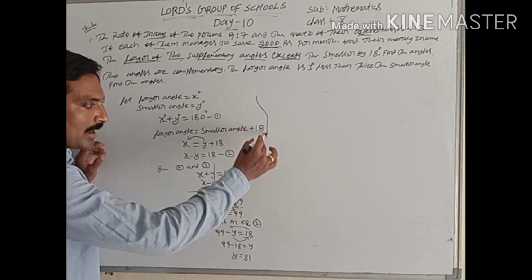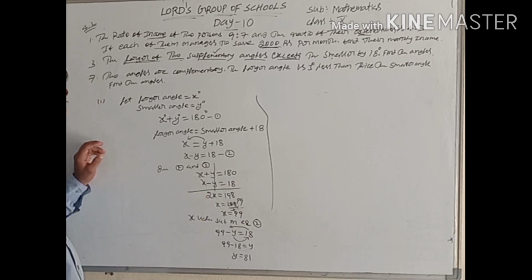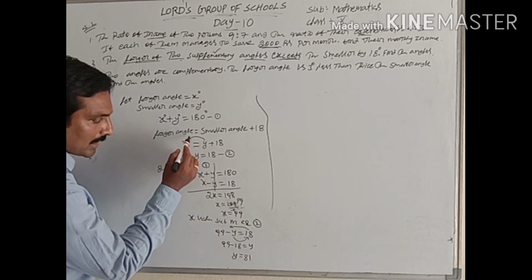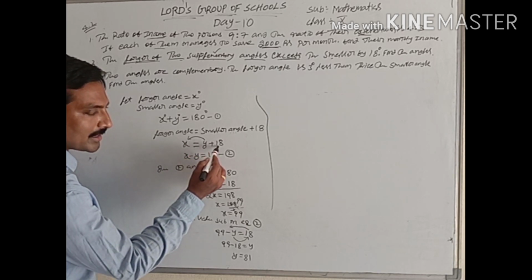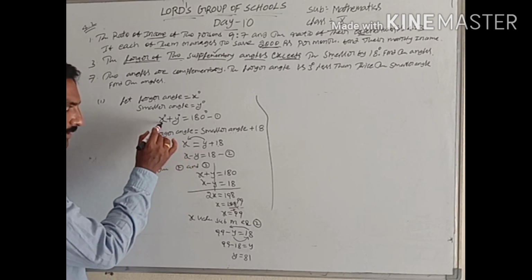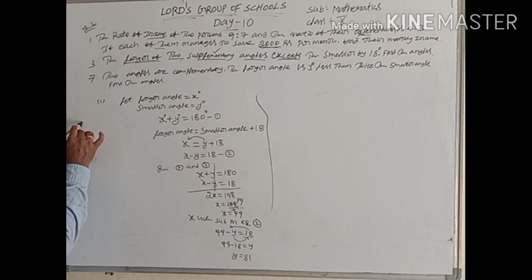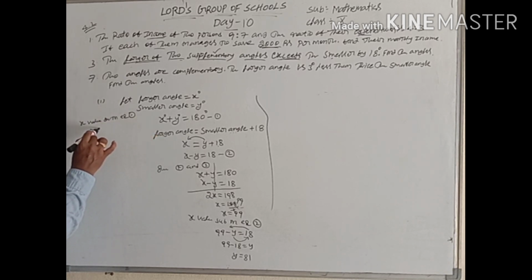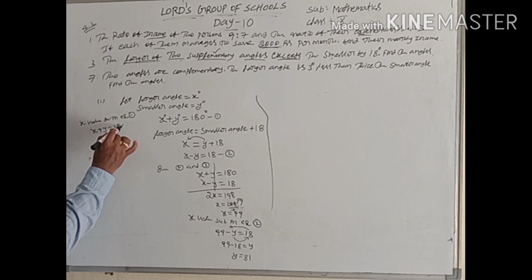This is the model. Here I did the elimination method. You may have to do the substitution method. How to apply substitution? From the condition, x is equal to y plus 18. If you want substitution, this x value is substituted in equation 1, x plus y is equal to 180.